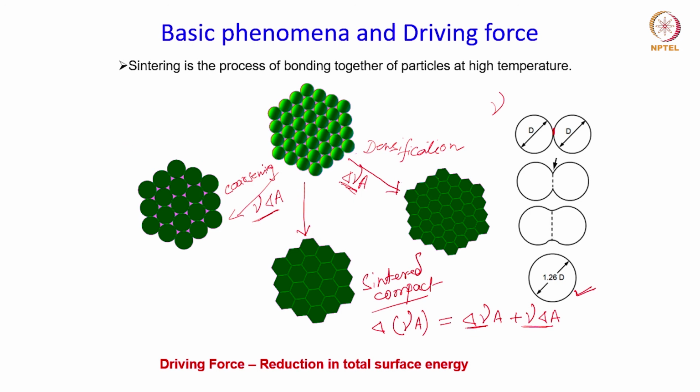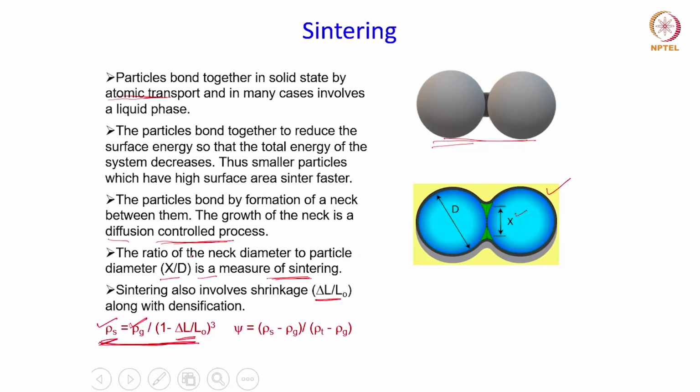So therefore the neck ratio, which is the ratio of the diameter of the neck to the diameter of the particle, is taken as the measure of the sintering. And sintering is always associated with shrinkage. So whenever densification occurs, shrinkage will be accompanied, and therefore the shrinkage also is an indication of the densification which occurs in the sintering process.